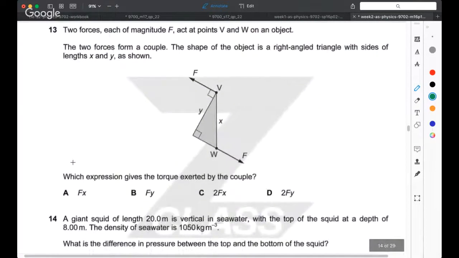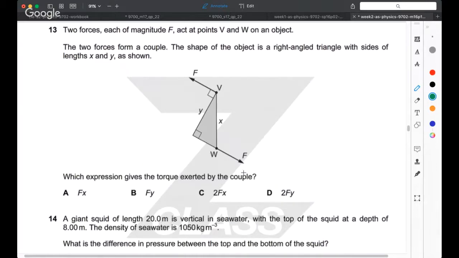Our question 13. Right angle triangles, if sides of x and y is shown, which expression gives the torque exerted? A couple. So there won't be Fx.